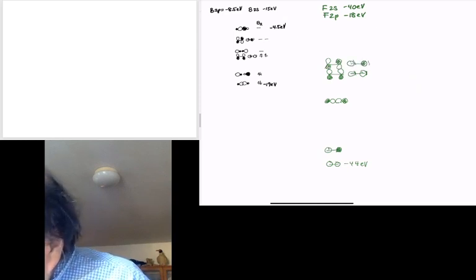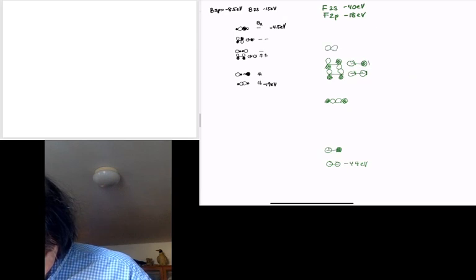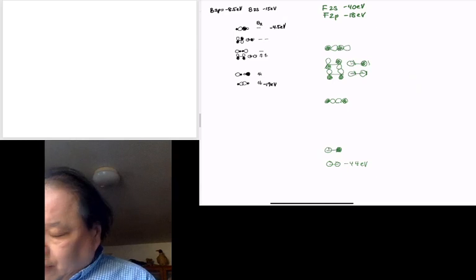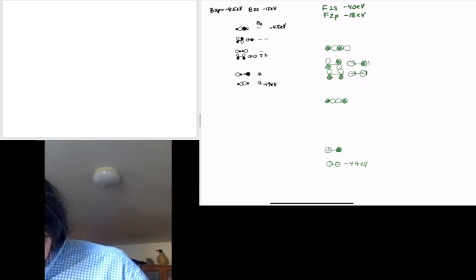And then we have, high in energy, minus 18 plus, maybe around here. Those are the fluorine orbitals. And so this is minus 18 eV here.